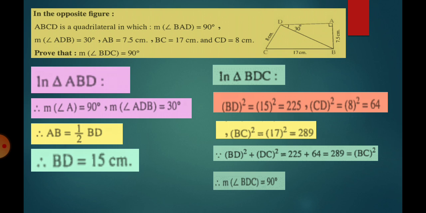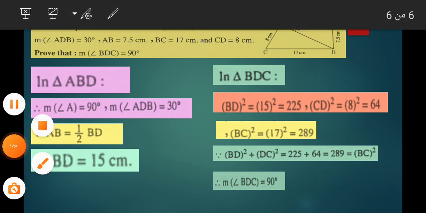If we want to find the length of one of the other sides, we find the square of the length of the hypotenuse minus the square of the other side, then find the root of the answer. The converse: if we know the three sides in the triangle and the sum of the squares of two sides equals the square of the third side, then the angle opposite to the third side is a right angle. Thank you and goodbye.